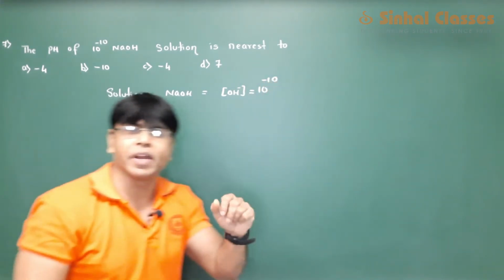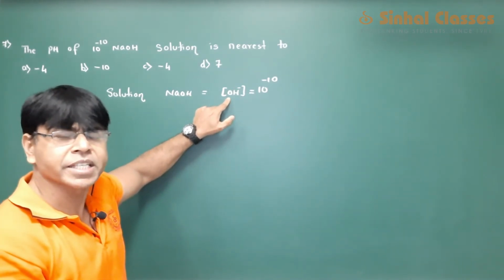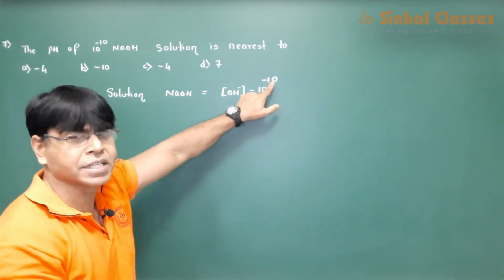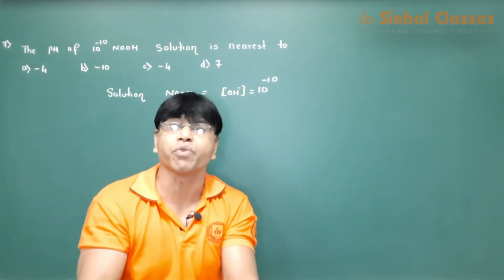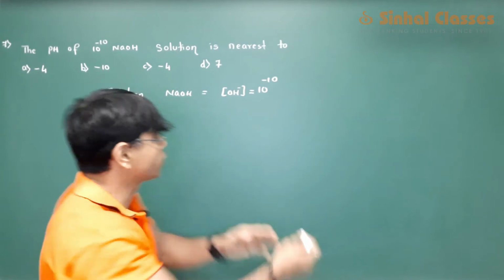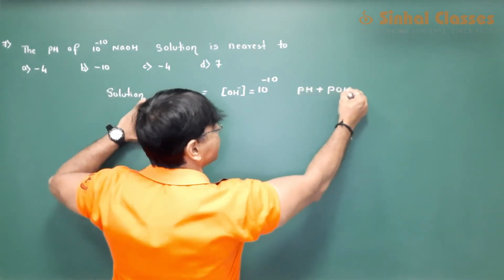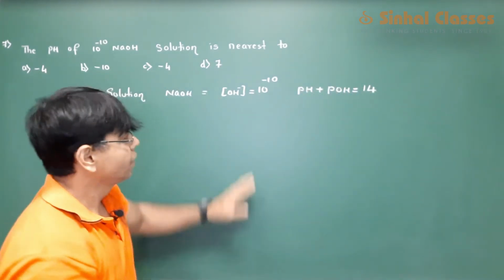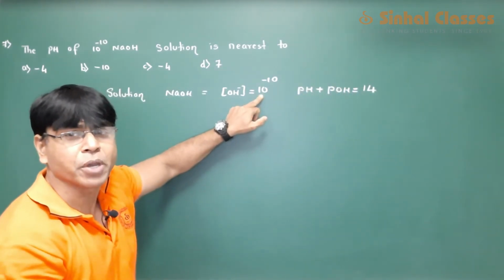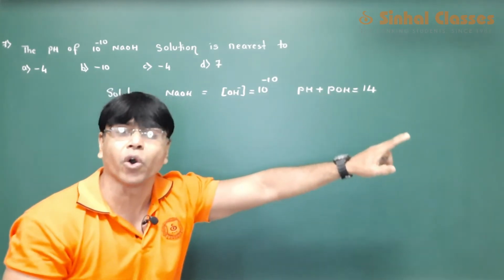Students take OH as 10 raised to minus 10, so pOH will be 10, and then they directly say the pH is 4, because they know that pH plus pOH is equal to 14.